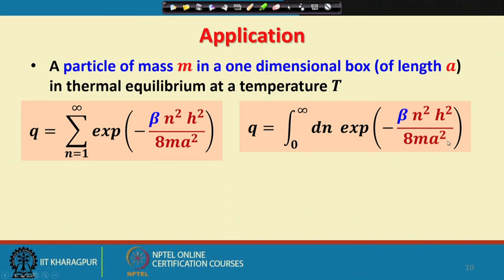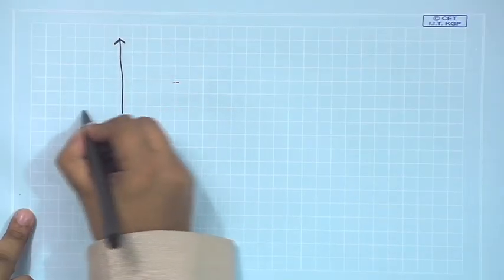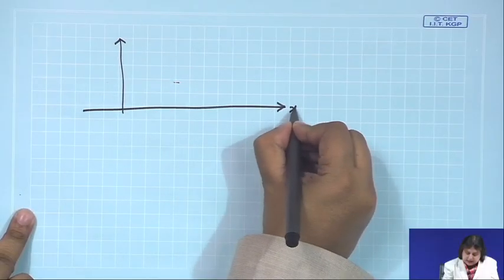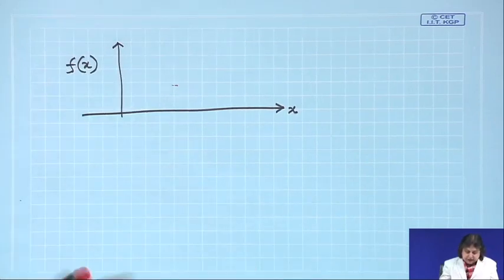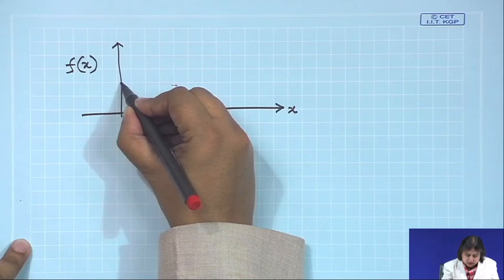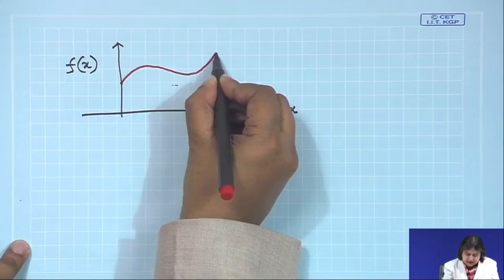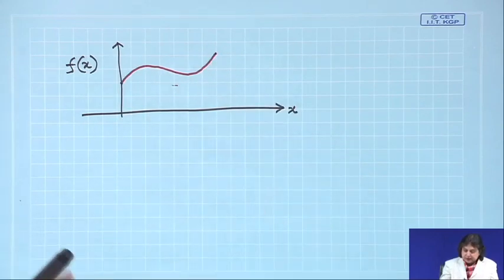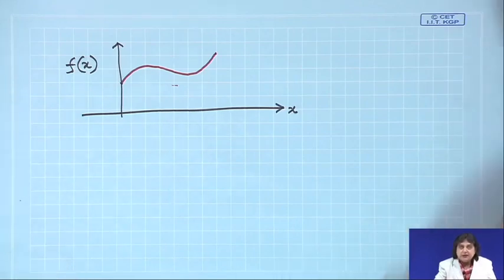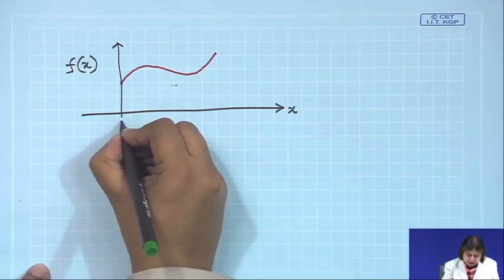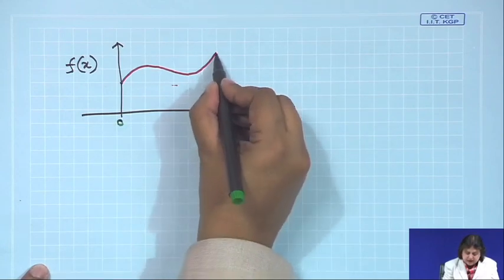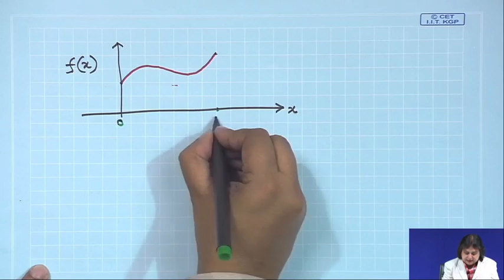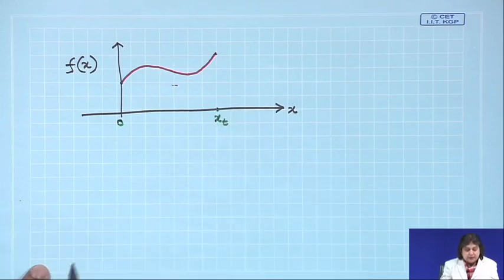Now, when you do this, you are dealing with a situation where you are plotting, say, x along this direction and f of x along the y direction, and let us say that this is how f of x varies as a function of x. Now, x varies from some initial value 0 to some final value here, say x t.